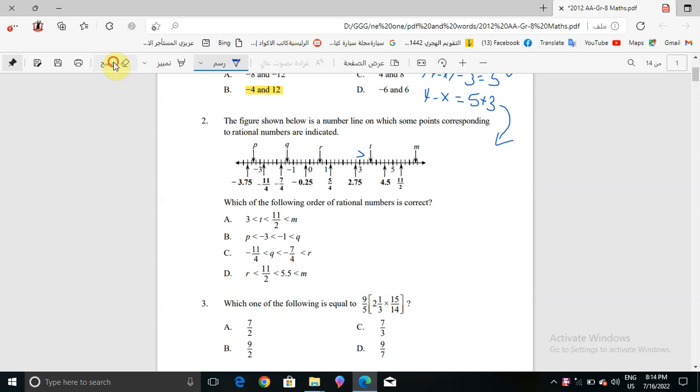No, the correct one: 3 is less than t, and t is less than 11 over 2. And 11 over 2 is less than m, because we are on the positive side, right? So that means choice A is the correct answer here.